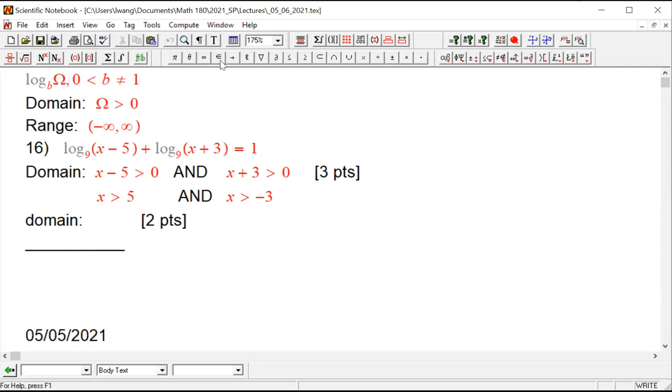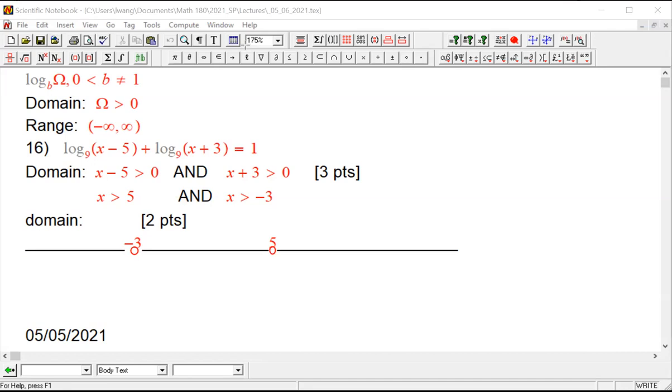There's a -3 and there's a 5. Larger than 5 are these numbers, and keep going, not including 5, so it should be a circle here.